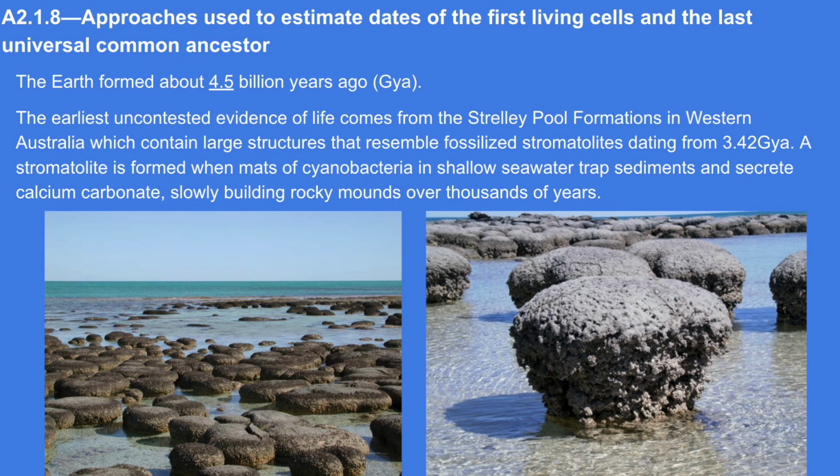Earth formed about 4.5 billion years ago. Evidence of the first life is in these Strelley Pool formations in Western Australia. These formations are formed by bacteria, and we can date these formations to 3.42 billion years ago, showing that life had already evolved that long ago.